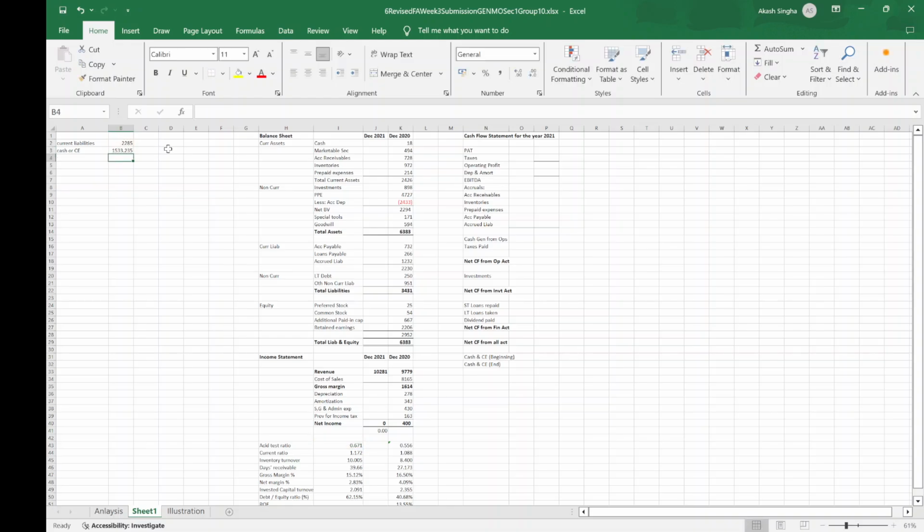So I think the sum of these three should be 1533, right? Okay, 1533. Let's write it.